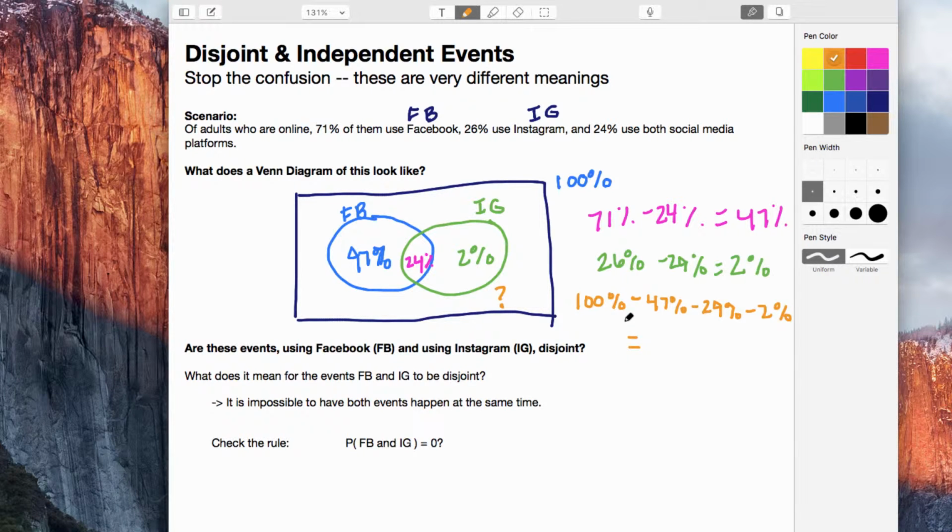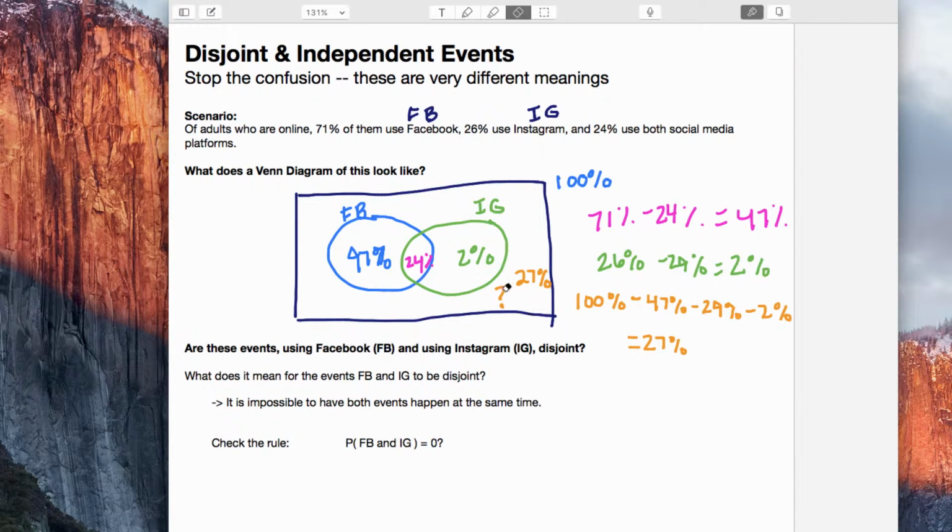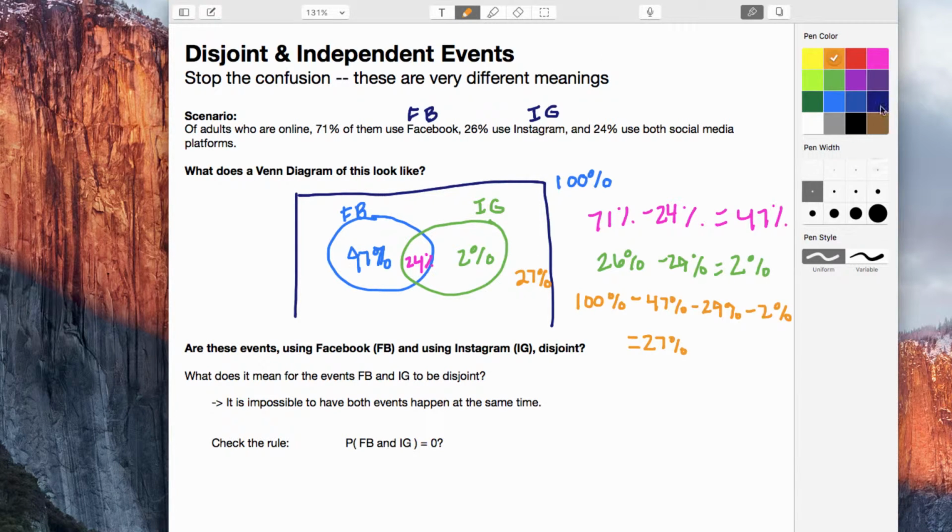So 100 minus 47 minus 24 minus 2 leaves us with 27%. This here in the outside area, strictly outside, is 27% of people. You could say that 27% of people use neither of those social media platforms.